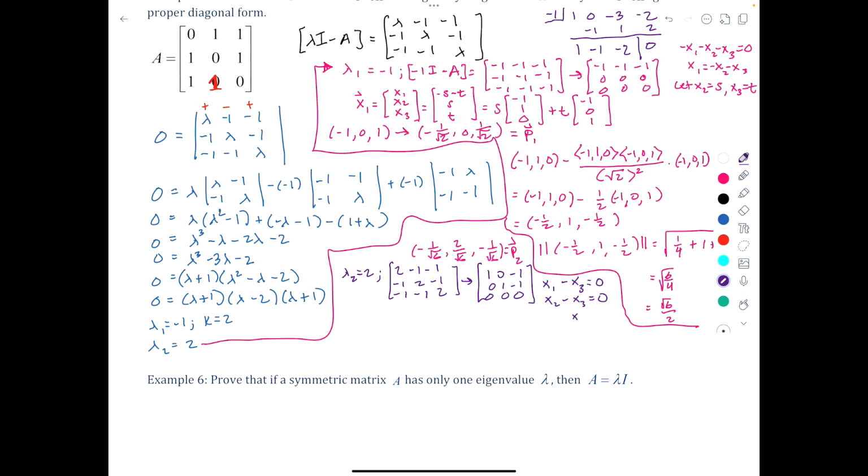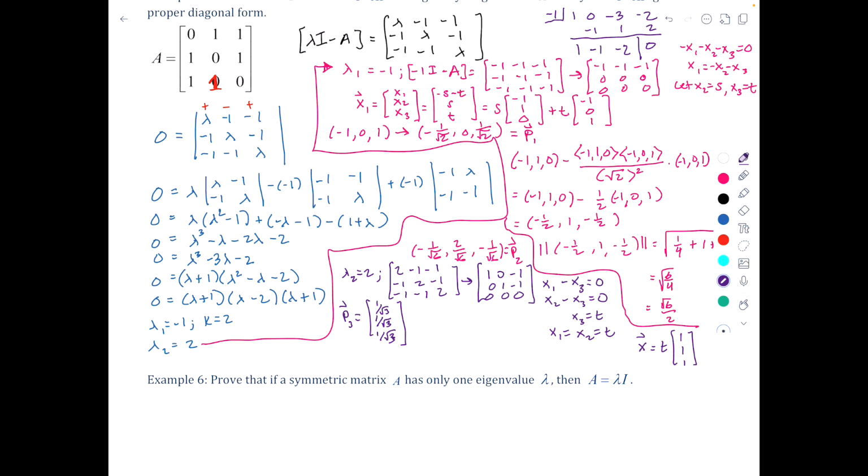If we let x3 equal t, x1 equals x2 equals t, and so for this one, if I factor out the t, we'll just have 1, 1, 1. Now to get P3, I need to normalize that. So we'll have 1 over root 3, 1 over root 3, and 1 over root 3.